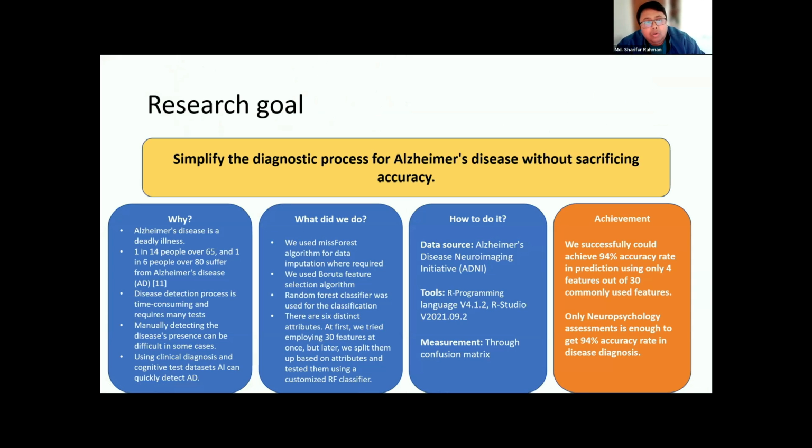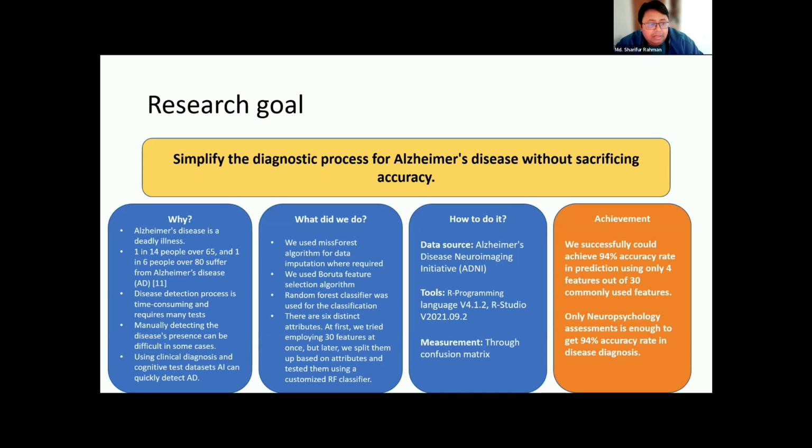Actually, our goal of the research was to simplify the diagnosis process for Alzheimer's disease without sacrificing the accuracy. And why we have done this research is Alzheimer's disease is a deadly disease, and 1 in 14 people over 65 years of age and 1 in 6 people over 80 years of age suffer from Alzheimer's disease.